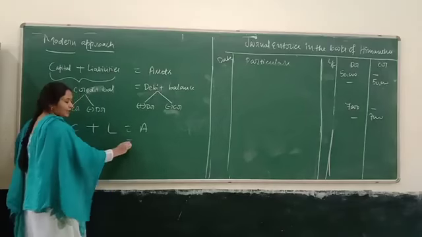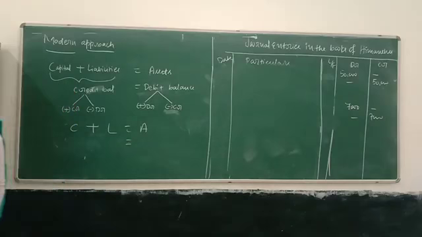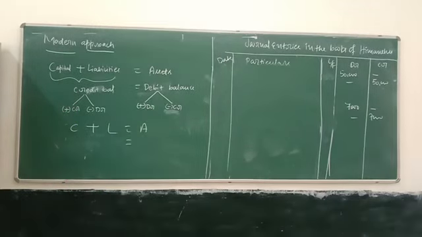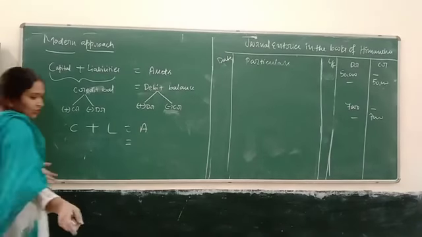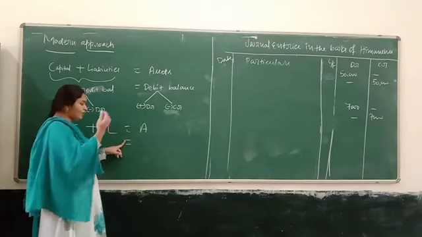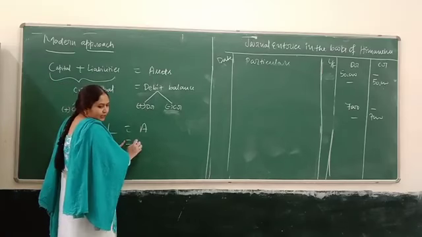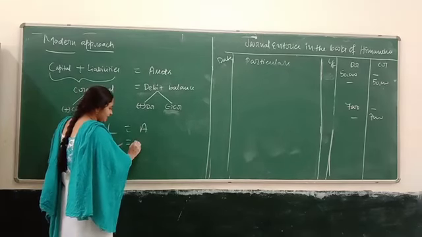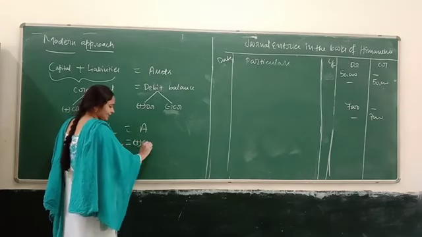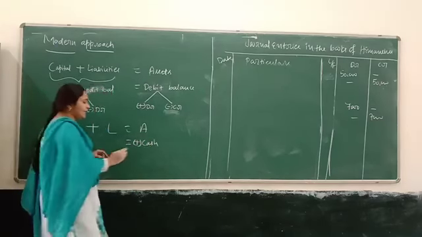What is happening here? Each and every transaction will have how many effects? Two effects. Take up any transaction, it will have two effects. Now here, sold goods for cash rupees 5,000. What is happening to my cash? My cash is increasing. Cash is an asset. And my goods are decreasing.